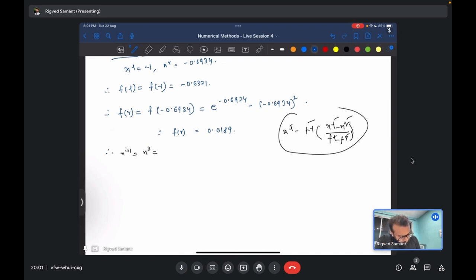So x3 would be, xL is minus 1 minus fL, 0.6321, into xL is minus 1 plus 0.6934 divided by fL is minus 0.6321 minus fR, 0.0189.